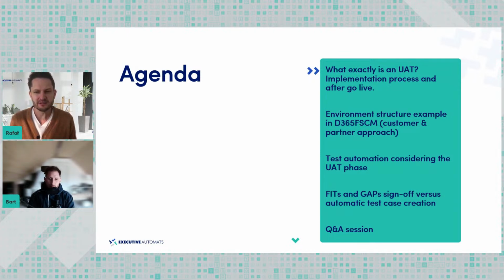Then test automation, considering the UAT phase. And next, we'll jump into the fits and gaps: sign-off versus automatic test case creation. Last but not least, a question and answer session.